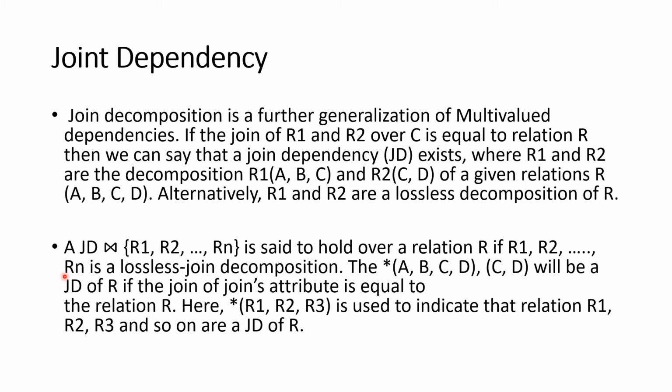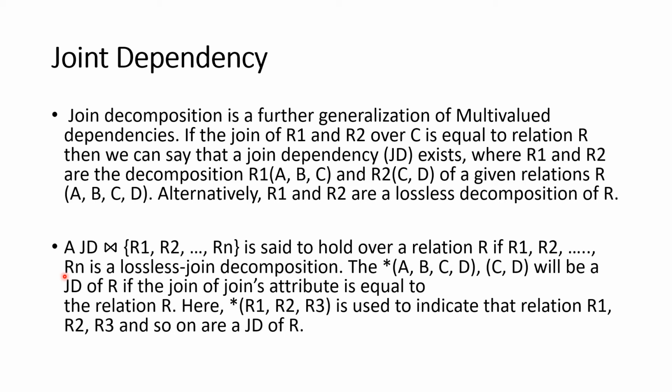If the join of R1 and R2 over C is equal to the relation R, then we can say that a join dependency exists, where R1 and R2 are the decomposition of a given relation R, A, B, C, D: R1 is A, B, C and R2 is C and D. Alternatively, R1 and R2 are a lossless decomposition of R. When we rejoin R1 and R2, we get a lossless decomposition, meaning no loss while breaking and joining again.